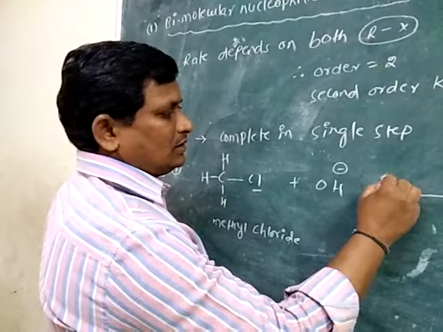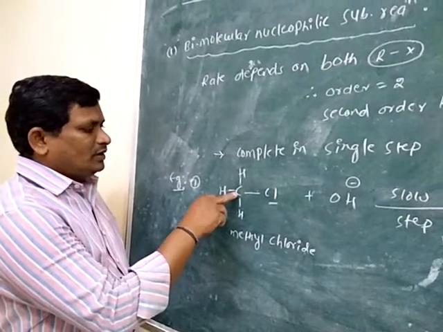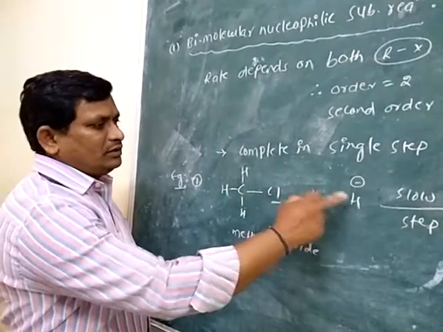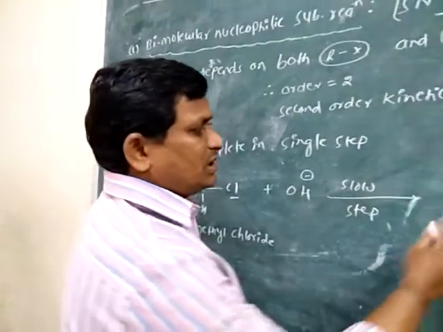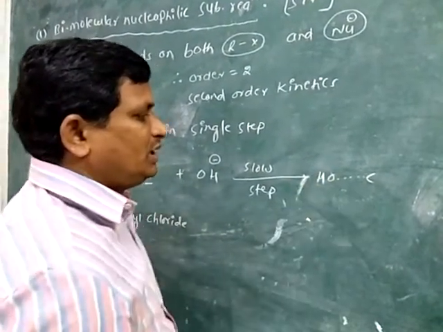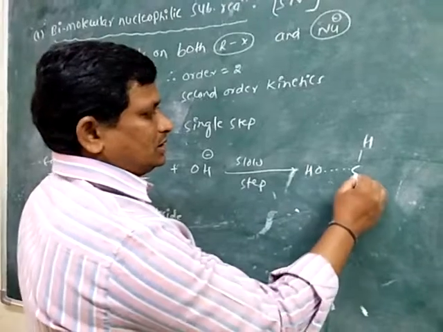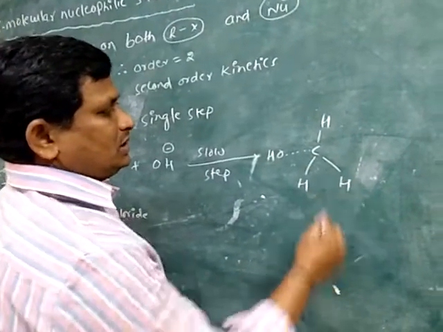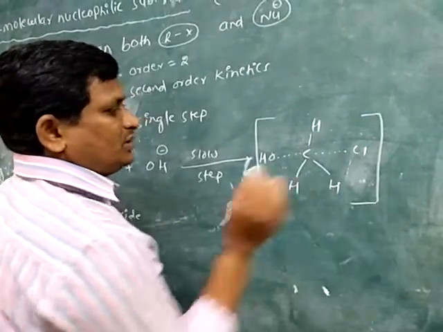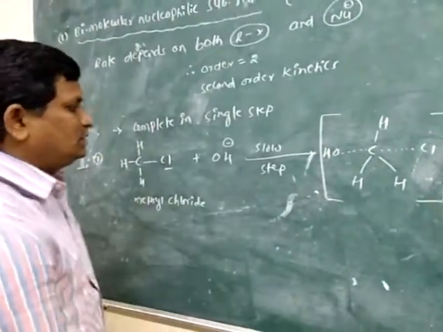Then it is the slow step. In this mechanism, carbon is covalently bonded with chlorine, and there is no bond between carbon and the nucleophile. In the slow step, a partial bond is obtained between carbon and the nucleophile, and a partial bond remains between carbon and the halogen.